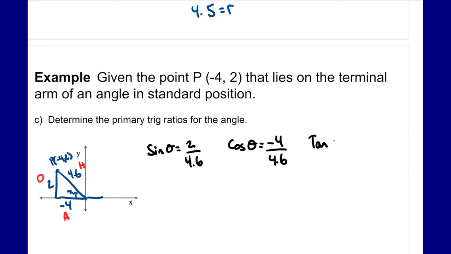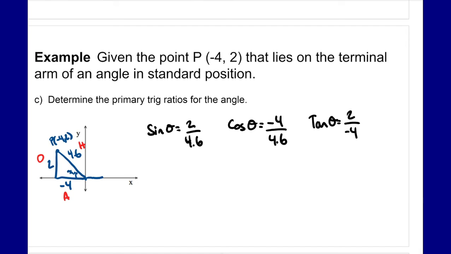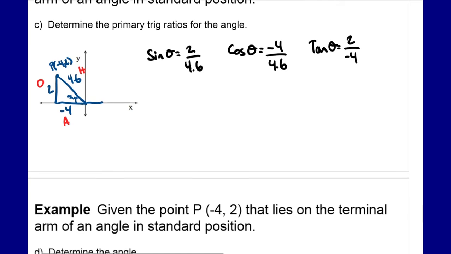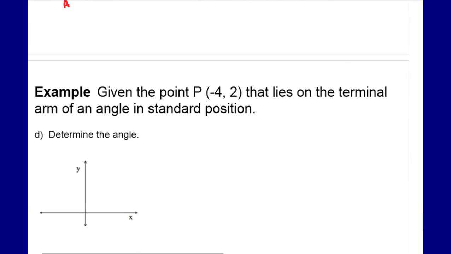And tan theta is opposite over adjacent, or 2 over -4. So those are our three trig ratios for that angle. Or you might say, well, technically it's 180 minus those because of the supplementary angle rule. So let's determine that angle.